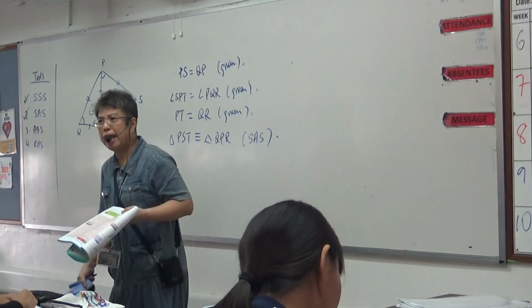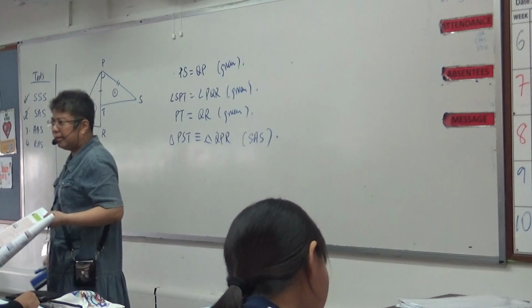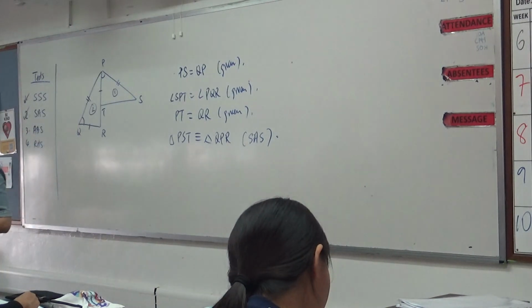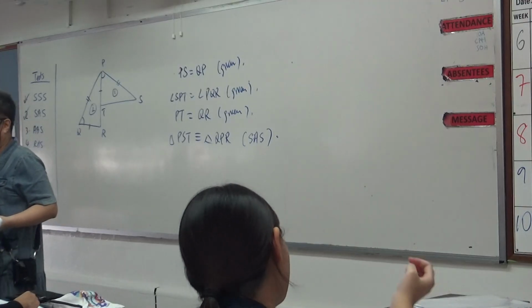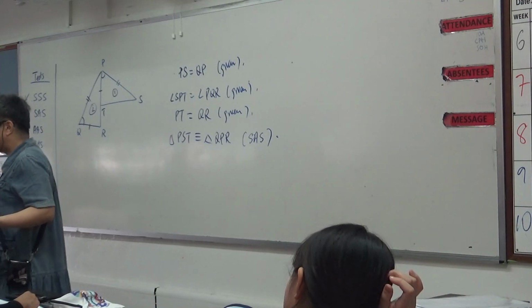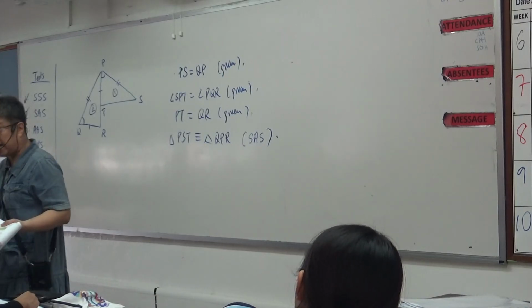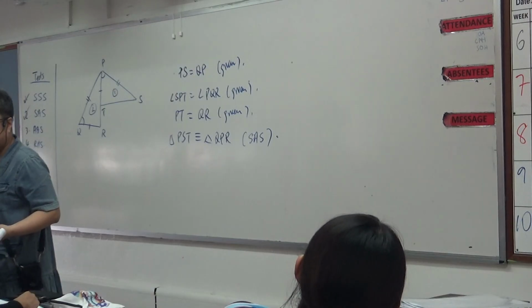Angle, angle, side. Now, can you agree with me that if two angles are the same, the third angle will also be the same, right? Because they add up to what? 180. So AAS actually proves all three angles and one side. Everybody clear? No need to go and prove all three angles, it is redundant.